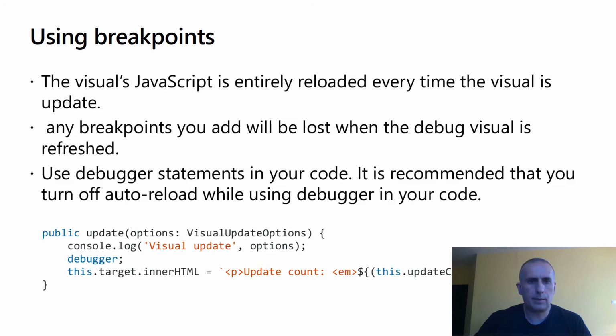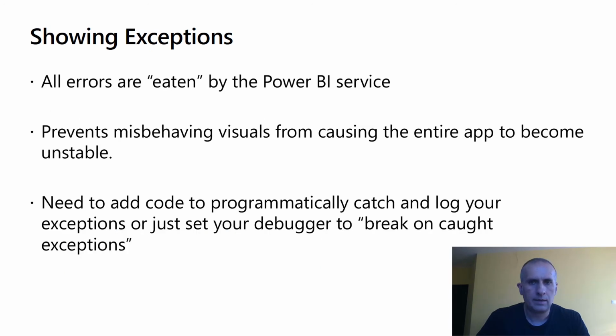It is also recommended to turn off auto reload while using debugger in your code. Another challenge is to have a management of exceptions, because usually exceptions are eaten by Power BI service.